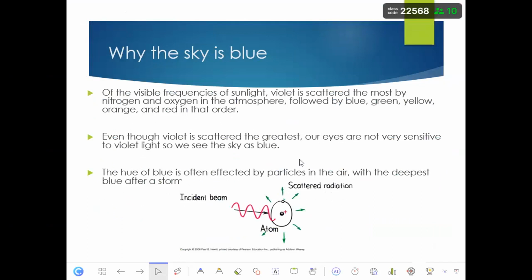From now we will talk about the colors that we see in the sky. For instance, why is the sky blue? The reason is, as we just explained, reflection and absorption. We have learned about light reflection and light absorption.